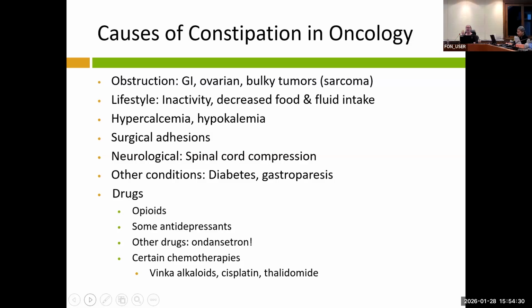Sometimes you have hypercalcemia, hypokalemia, or surgery, especially in the abdomen area or anywhere along the tract, and then sometimes there are surgical adhesions. We talked about the spinal cord compression that often happens with bone metastases, and there are also other conditions. And then drugs, which we have talked about.